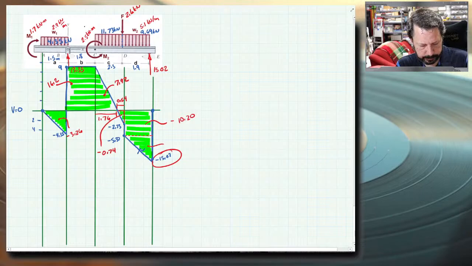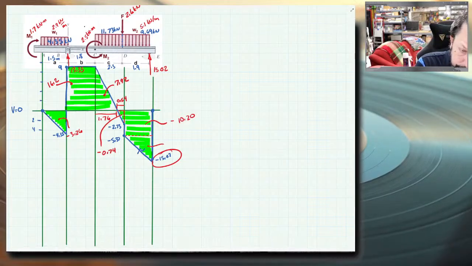Let me see something. 15.02 minus... Actually this is a 3, I think. 2.73, and it should go down another 2.6, 5.33.